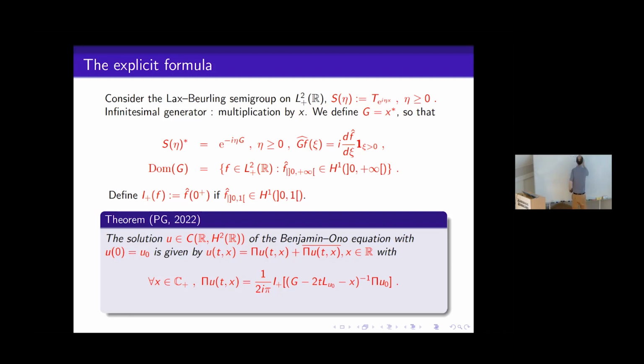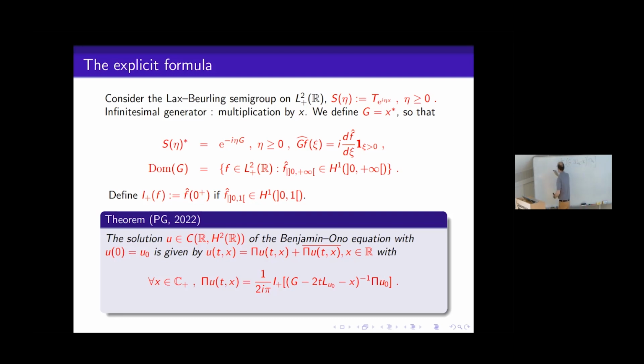The solution of my Benjamin-Ono equation. So I take Pi u0 and I apply to it the resolvent of this operator, G minus 2t L u0, and then I take 1 over 2 i pi of I plus of this.